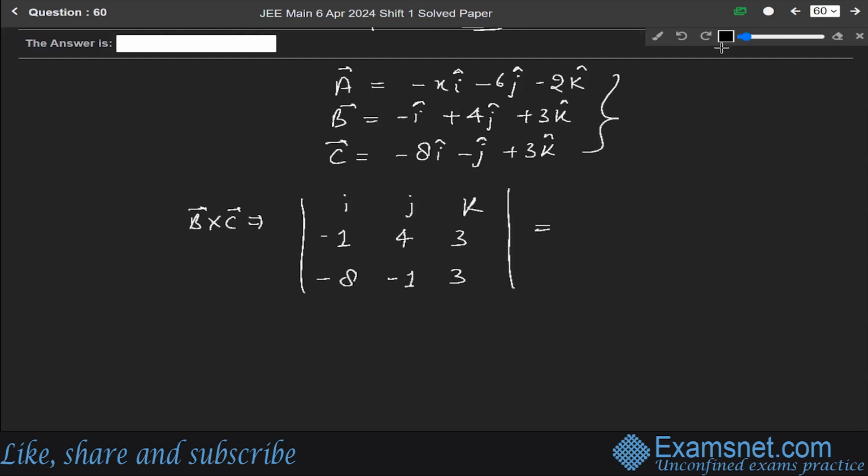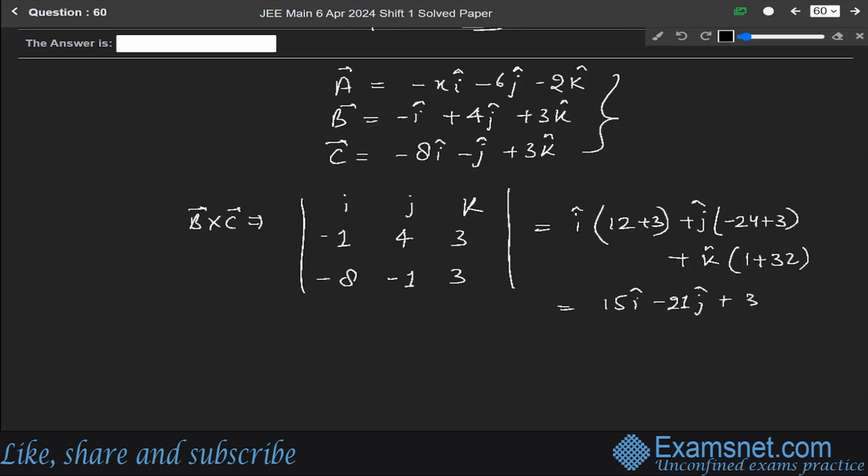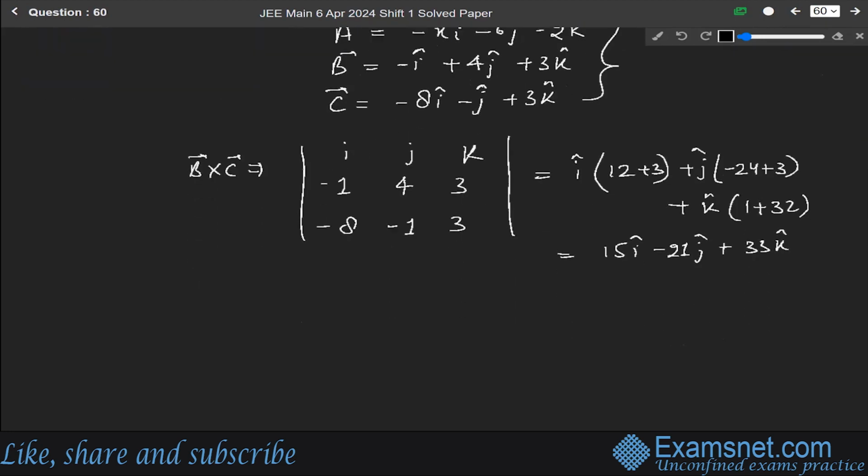So solving it we get iota 4 3s are 12 minus of 3, this will be plus 3, plus of j 24 minus plus 3, plus of k, this will be 1 minus plus 8, 24 32, so it will be 15 iota cap minus of 21 j cap plus 33 k cap.